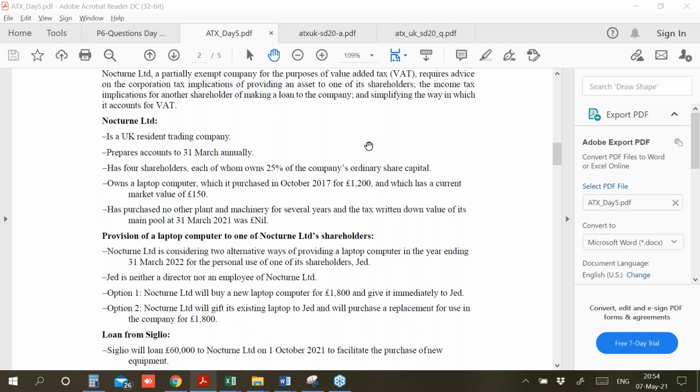In this case, as they are buying the new asset for themselves, they will be able to claim capital allowances on 1800. It will qualify for AIA, so 100% capital allowances at the time of purchase. So on 1800, there'll be a 19% corporation tax saving.